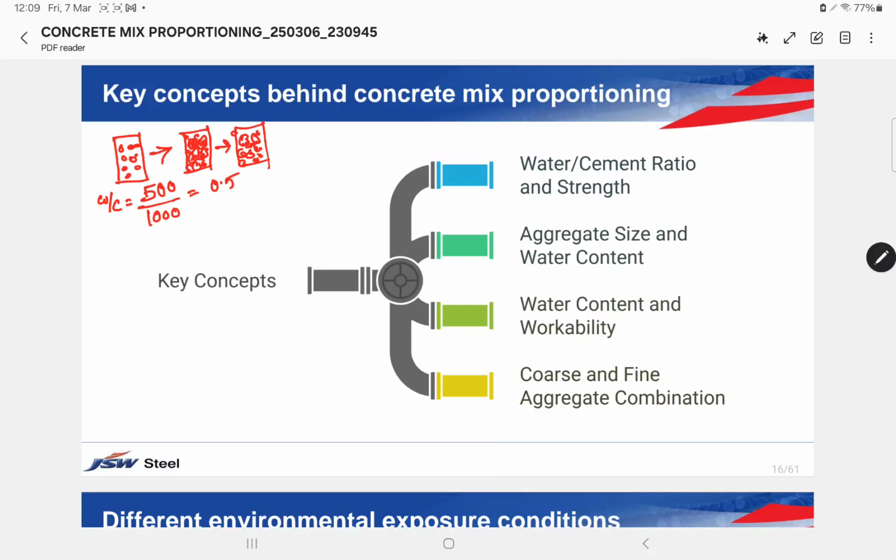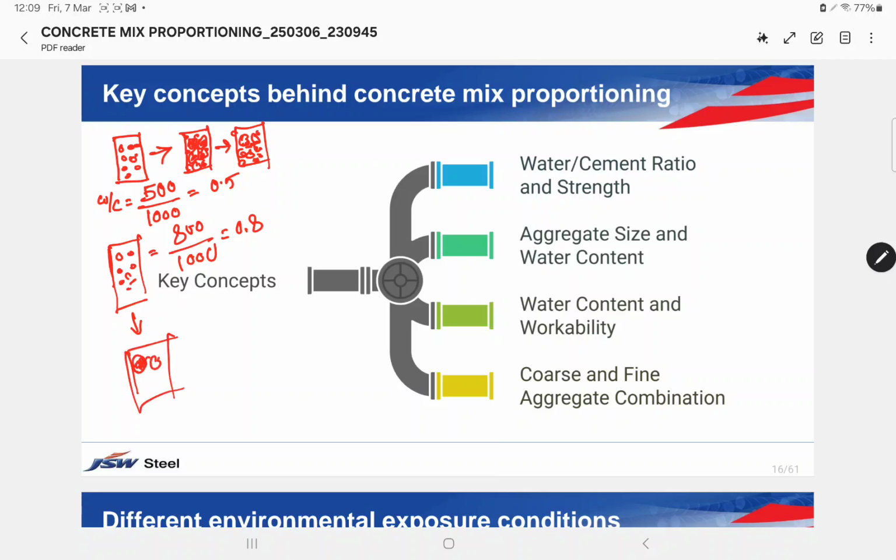So now suppose I have increased my water content to 800, my cement content remains the same. So what happens as hydration happens?